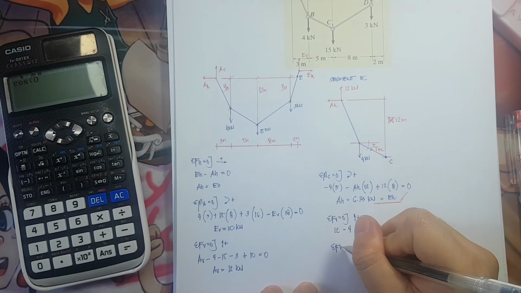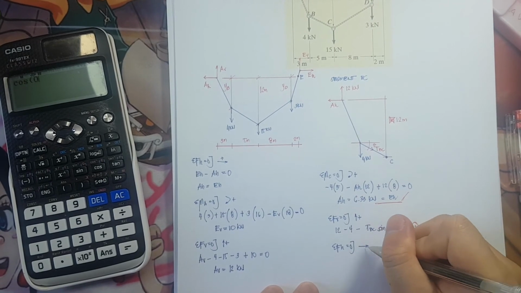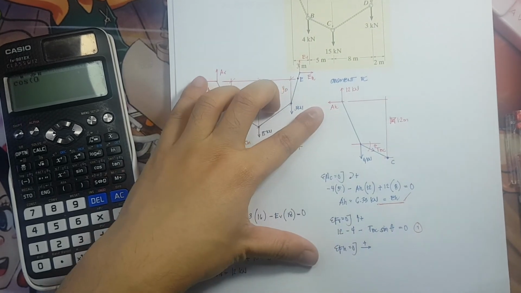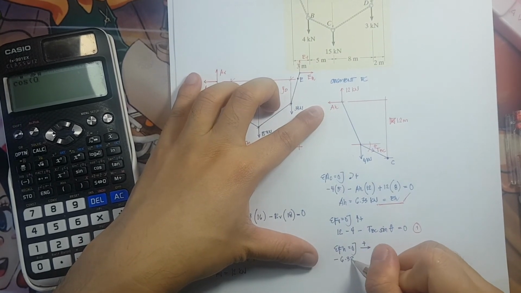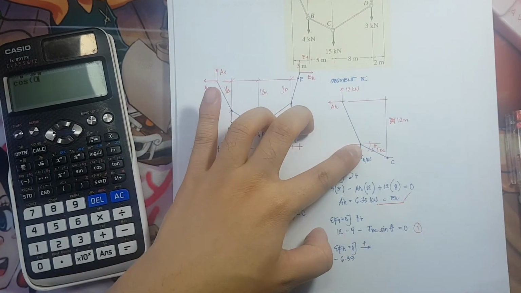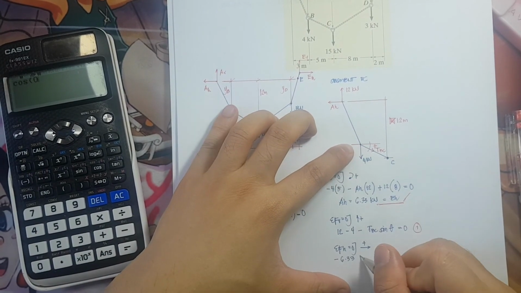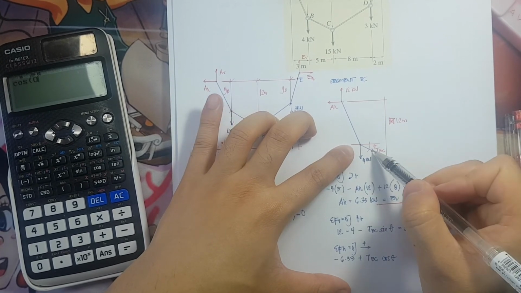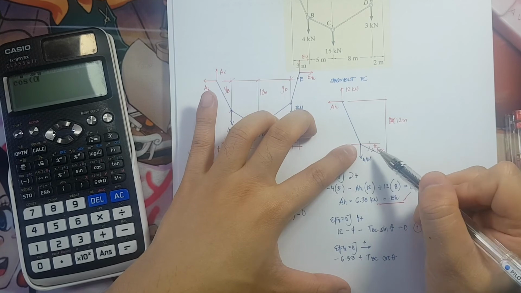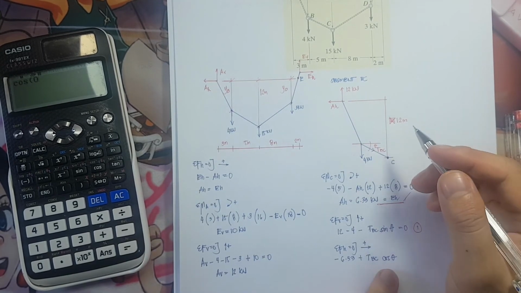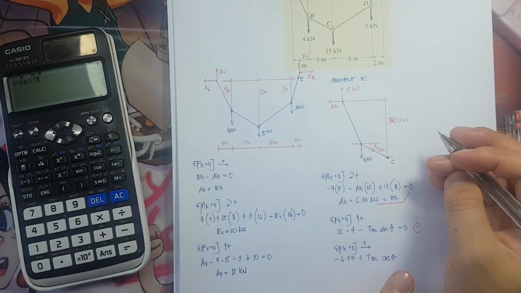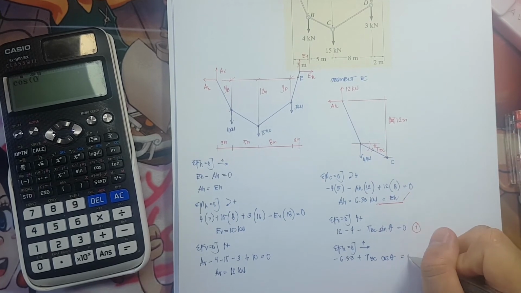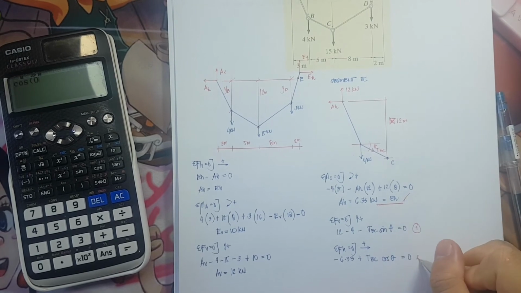Summation of forces horizontal is equivalent to 0. All forces that are pointing towards the right should be positive. So we have here A horizontal that is negative 6.33 plus TBC cosine theta, because the angle is adjacent to the side, is equivalent to 0. And this is my equation number 2.